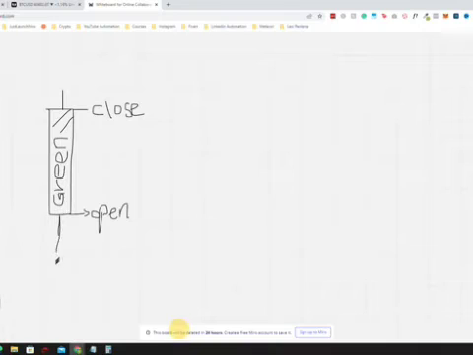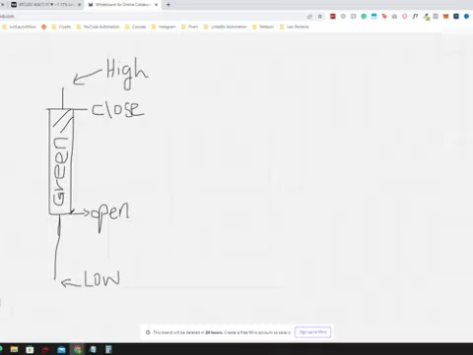This could go more down if it wants to, or it could go a little bit up. So this is called the high, and then this is called the low. Okay. So what does it mean?